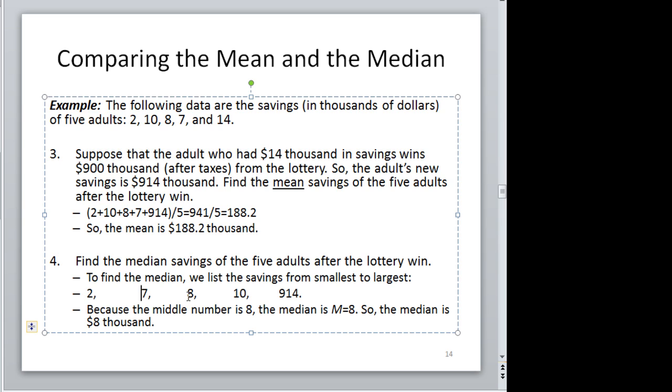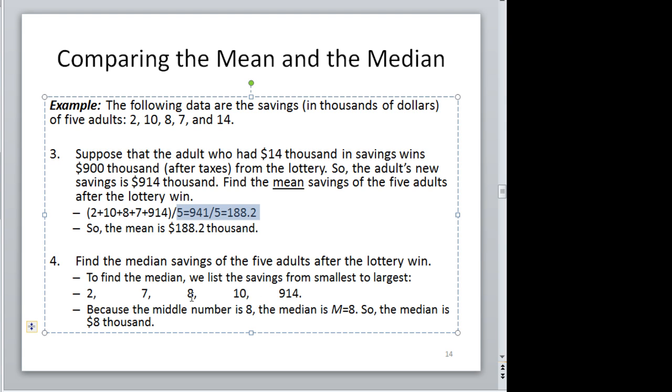Then look at this. The middle value is still 8, even though this got really big. That's not really going to affect the middle value. So would you say 188.2 describes the data set better than the median?